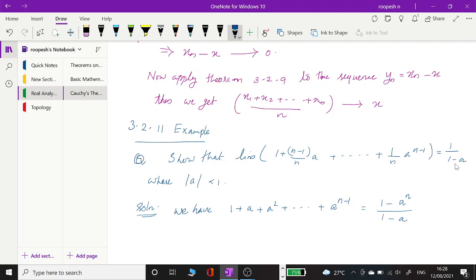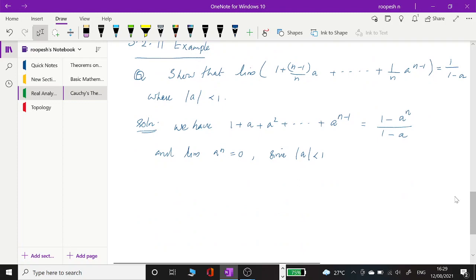And the limit of a raised to n is 0. What's the reason? Since modulus of a is less than 1, when you go on taking powers of this, it should be less than 1.